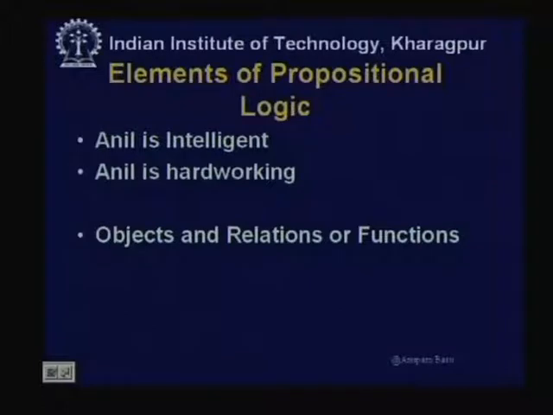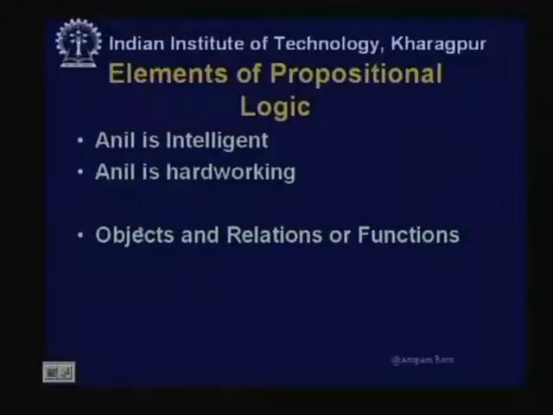Anil is intelligent, I make a statement, this statement can be true, this statement can be false. Anil is hardworking can be true, can be false. So, any proposition in propositional logic can have either of two values, true or false.